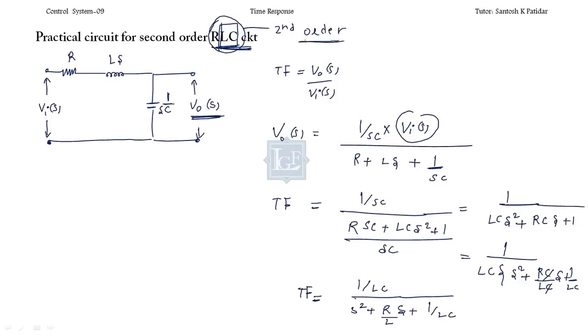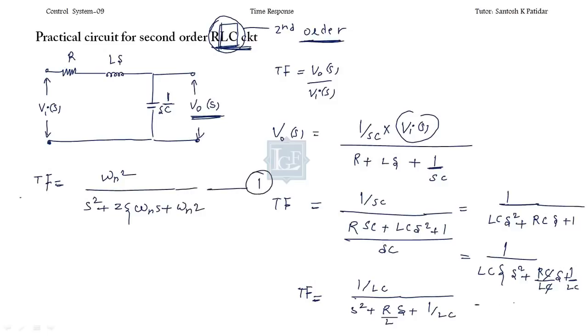Okay, and we are discussing the second order only. Now we have seen the overall transfer function of the second order, and that transfer function was omega n square divided by s square plus 2 zeta omega n s plus omega n square. Okay, so let's take it as equation 1. This is equation 2.